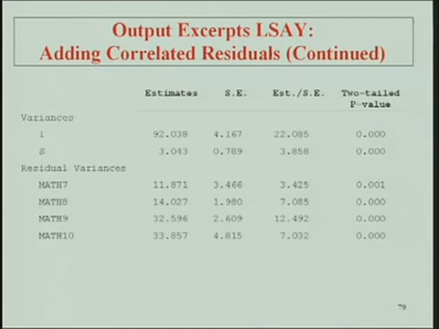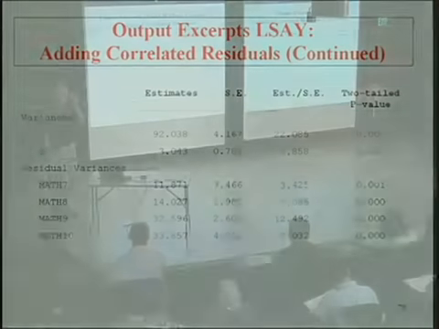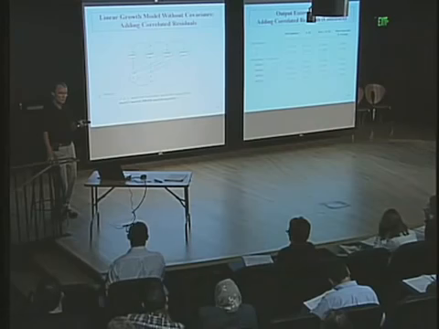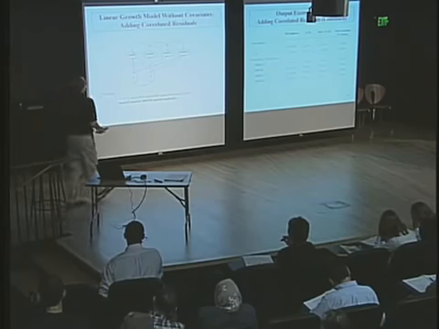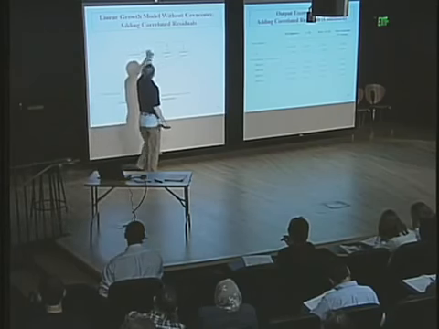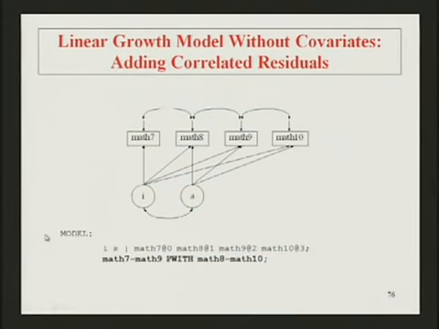I should say there are many ways to impose correlations on residuals across time. In the user's guide, for instance, you will find a common statistical approach to impose a first-order autocorrelation among the residuals, a first-order autocorrelated residual structure. I'm not going to take time to talk about that now because it is in the user's guide as an example on how to set that up.